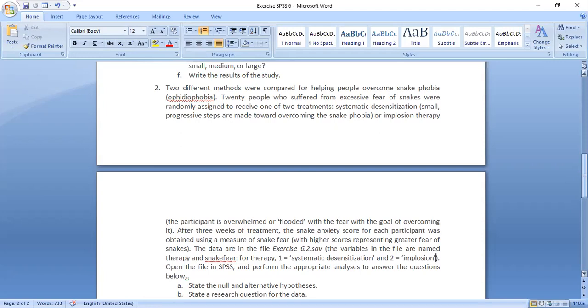One is systematic desensitization, and the second method we have used is implosion therapy. The data is given in the SPSS file, where systematic desensitization is 1 and implosion is 2 for snake fear. And the anxiety level, that's the second variable we have got, is there in scale form. So that's given to us.